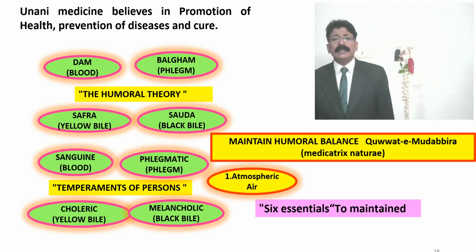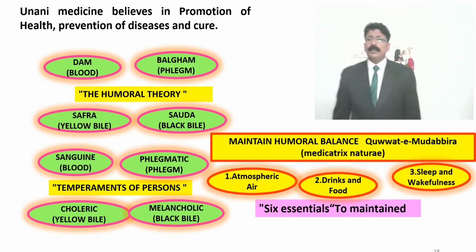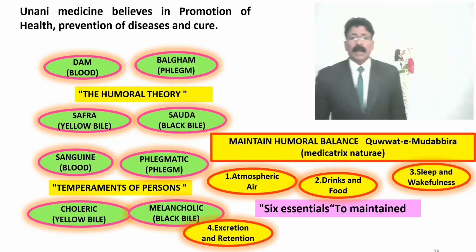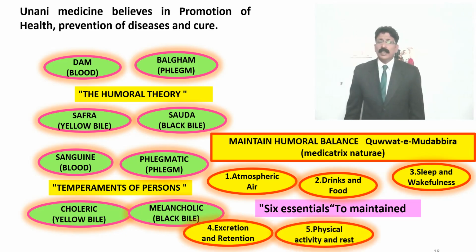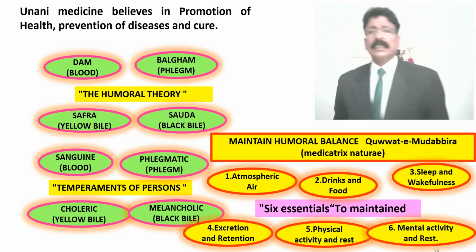One is atmospheric air, number two drink and food, number three sleep and wakefulness, number four excretion and retention, number five physical activity and rest, and number six mental activity and rest.